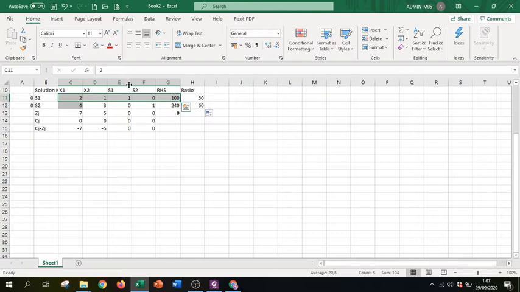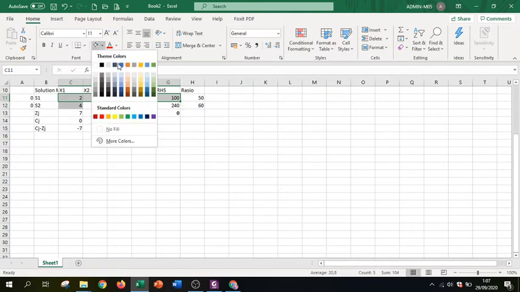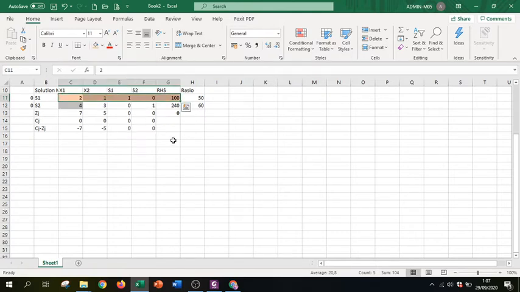Row pivot row, and this is the pivot element.